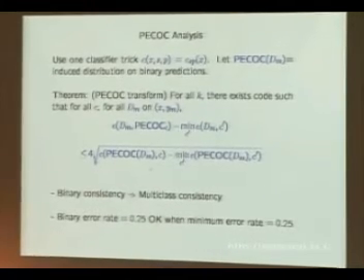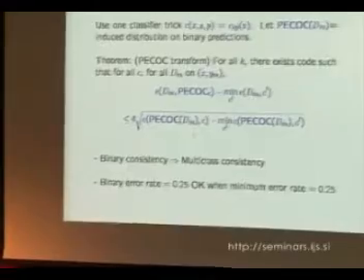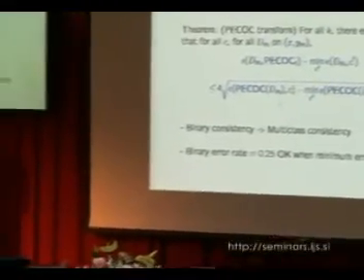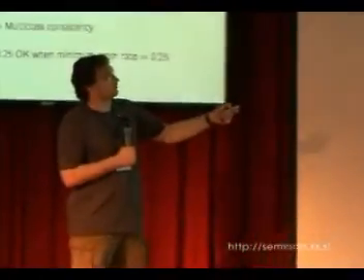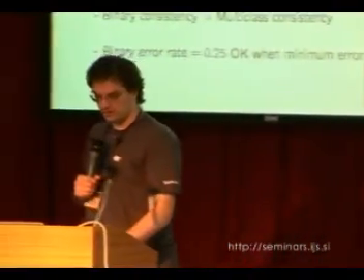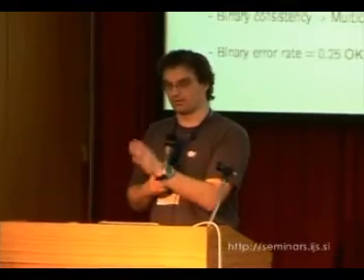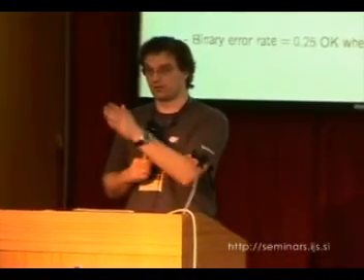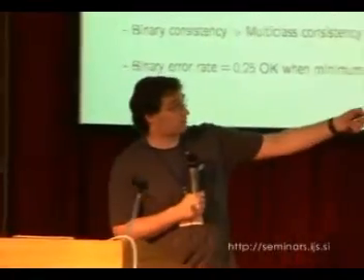Okay, so the question is, what can we prove exactly? We're going to use this one classifier trick that we like so much. So how does this go? Our binary classifier is going to be applying the probing reduction. The probing reduction has a threshold, which we're calling P here.